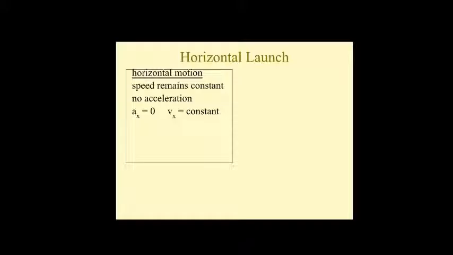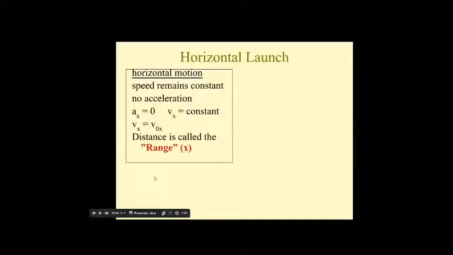Whatever it had when it was launched, the horizontal velocity remains the same. And so we say that the initial velocity in x, that's the Vox, is equal to the velocity in x, always. The distance that it travels is called the range. You'll see where that comes up when we do the problems.